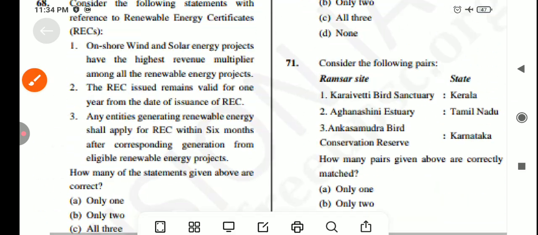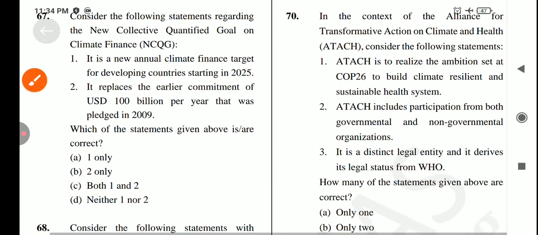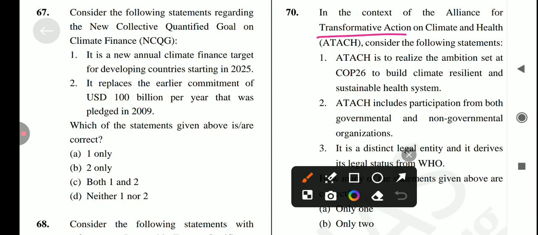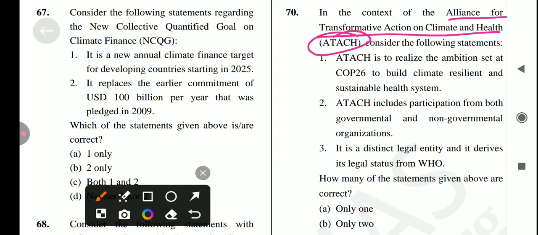Okay, let's come to the next question, which is in the context of Alliance for Transformative Action on Climate and Health, consider the following statement.